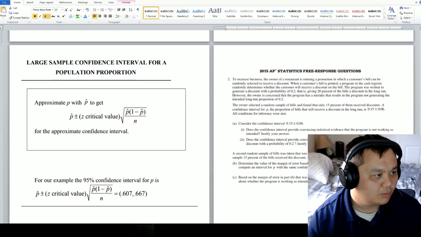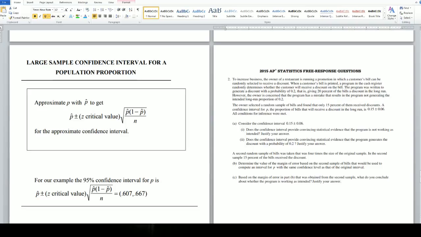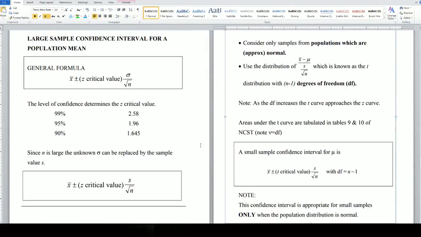Hold on. Can you see it now? No, it's still there. Hold on, I think there's a lag. Yeah, we're good now. Let me see. Yeah, okay.